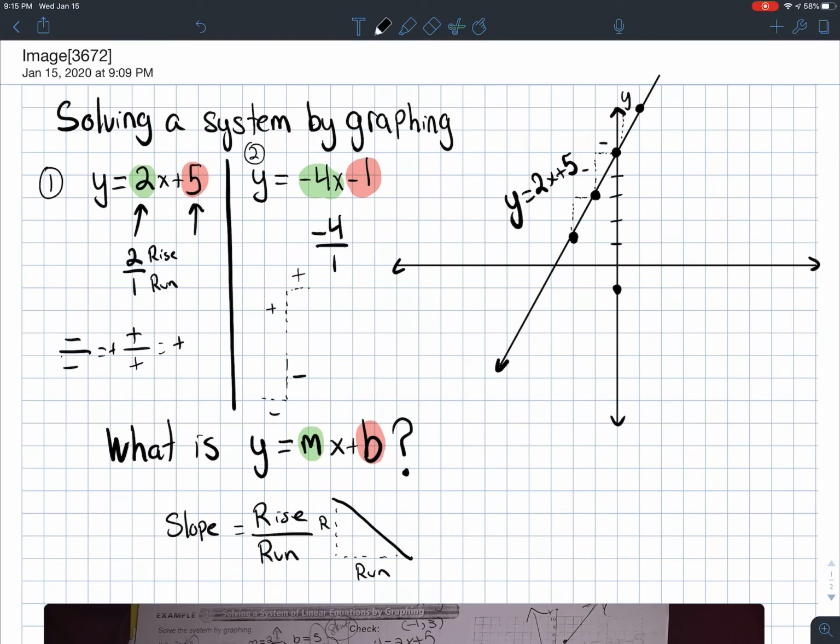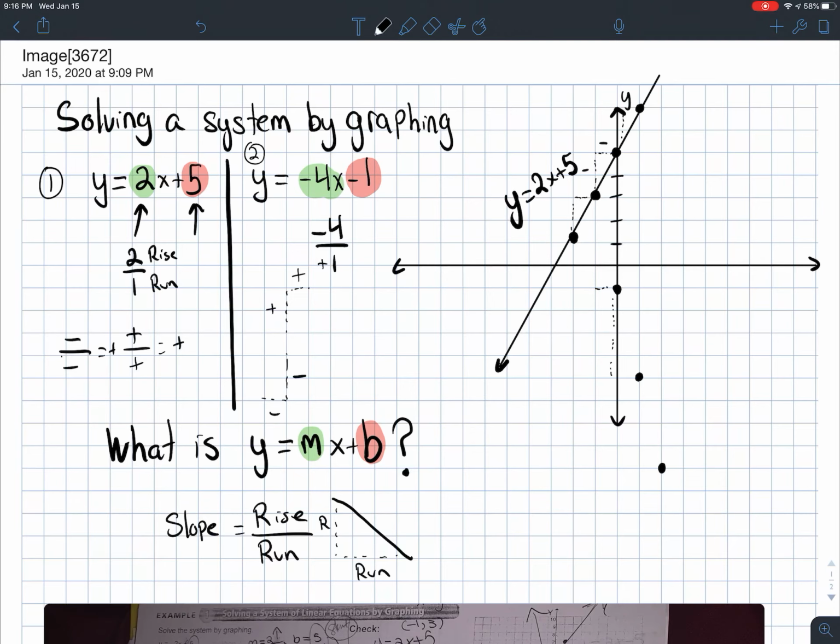So what that means is I'm going to go down 4, 1, 2, 3, 4, and then I'm going to run positive 1. So in this direction over here, positive because the number in the denominator is a positive number. So I can then create my line, and I can continue to go down 1, 2, 3, 4, and over 1. And this is my new line over here.